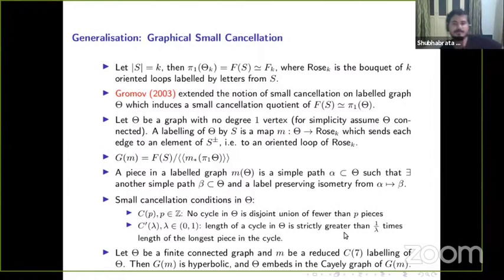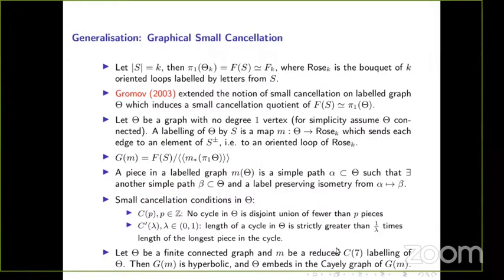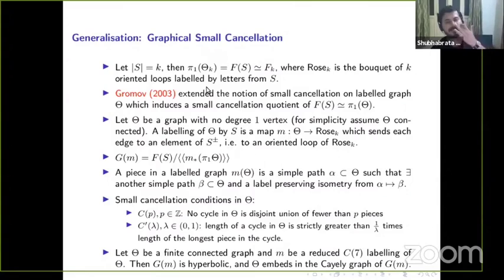And another very important notion is graphical small cancellation by Gromov, where he considers labeled graphs and graph maps, and defines small cancellation. What he says here is that if you take a bouquet of k circles, the fundamental group of that is the free group, and the circles are labeled by S letters.